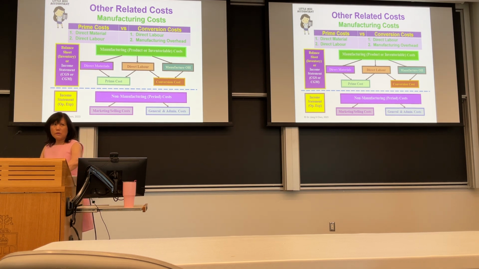Okay, so for example, okay, I'll ask you the relation in the midterm exam. So we have three costs: direct material, direct labor, manufacturing overhead. Okay, so the two is called conversion cost, and these two is called prime cost.